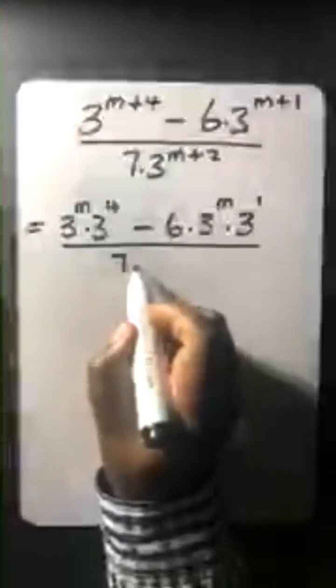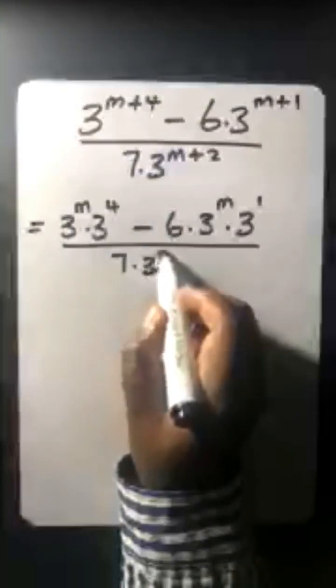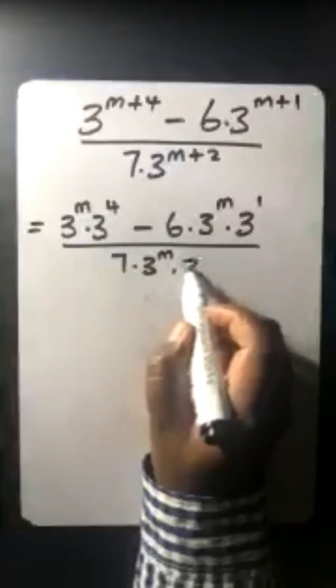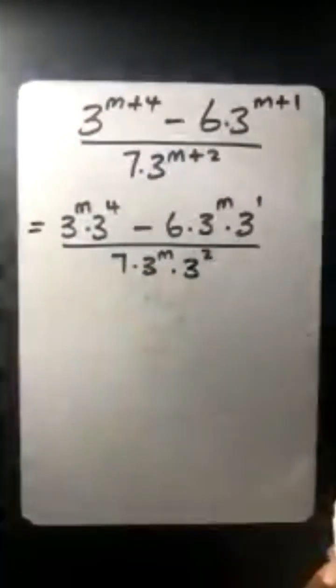At the bottom, 7 multiplied by 3 to the exponent m multiplied by 3 to the exponent 2.